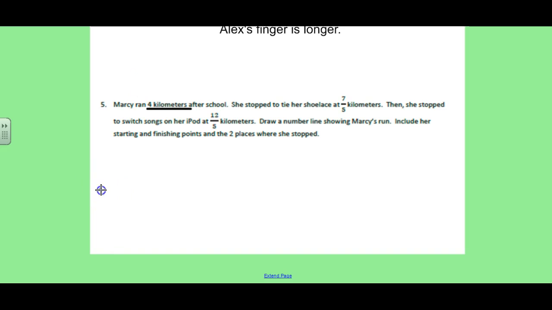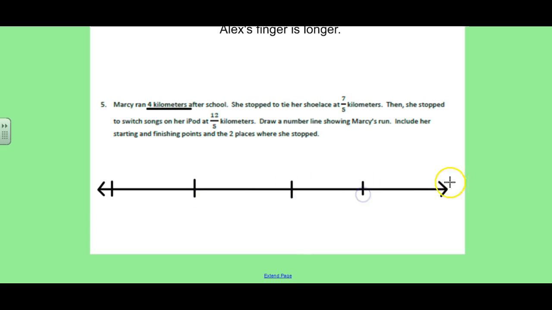So our number line on number 5 is going to be a little bit longer, and it's going to start at 0 and go to 4 because she ran 4 kilometers. So I'm going to go from 0, 1, 2, 3, 4.